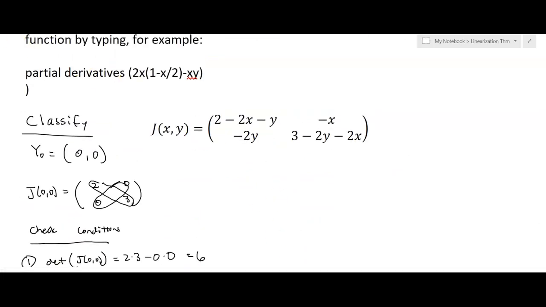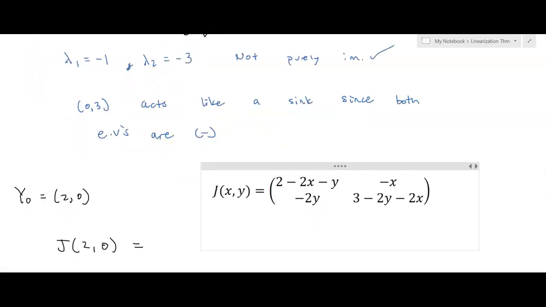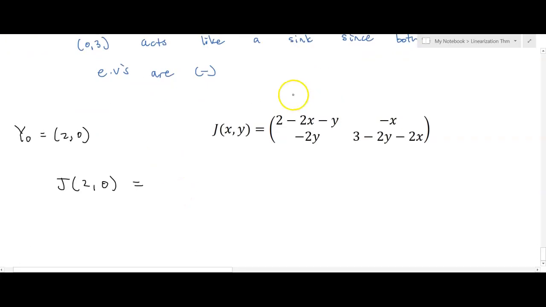Probably should just go ahead and copy that. And so here it is. And so we see that when x is 2 and y is 0, we're going to get 2 minus 4, which is negative 2. And here we'll get negative x, which is negative 2. 0, and here we'll get 3 minus 4 is negative 1.